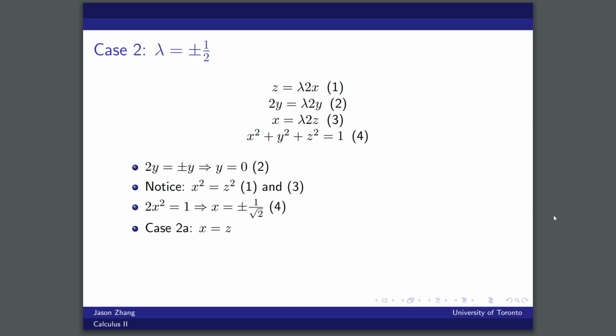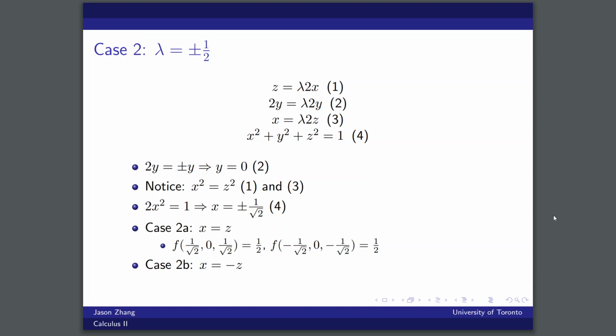And again, we have 2 cases to consider. The first one is that x is equal to z, in which case f would evaluate to 1/2. So if x and z have the same sign, we would see f is equal to 1/2. In the case where they have opposite signs, so that would be lambda is equal to minus 1/2, we would see that f would switch signs as well.